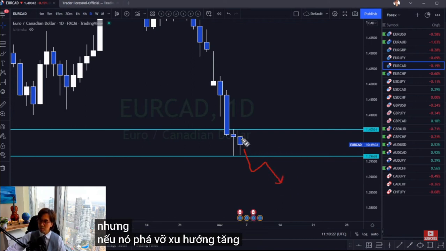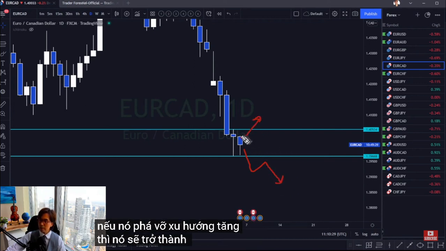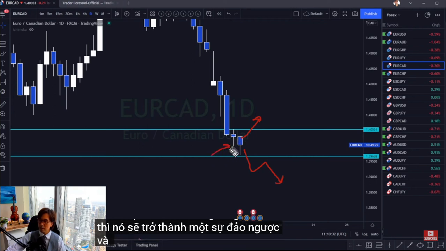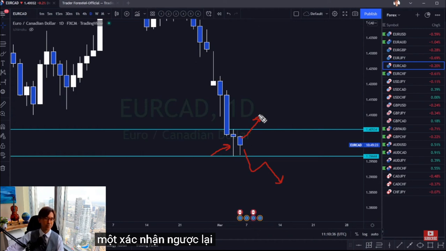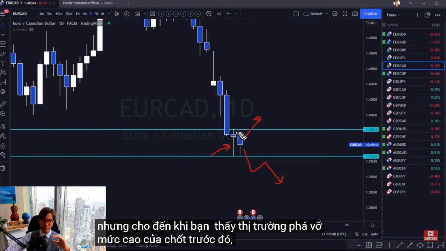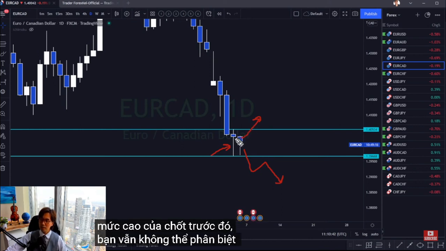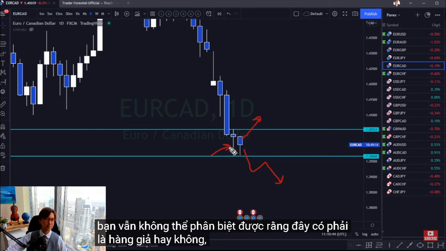But if it breaks bullish, then it becomes a reverse. And as a result, you see the pin bar was a reverse confirmation. But until you see the market break the previous pin bar high, you still cannot tell whether this will be a fake or not.